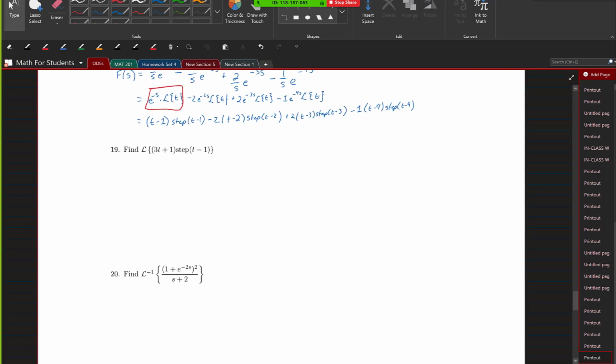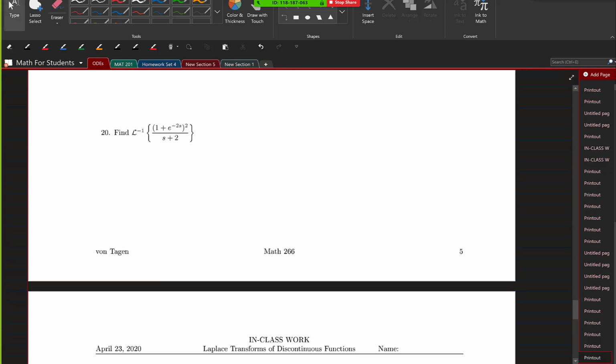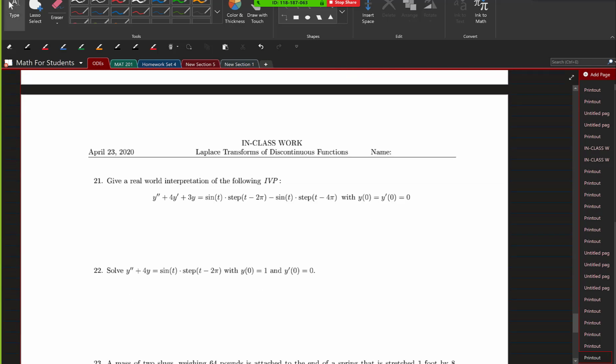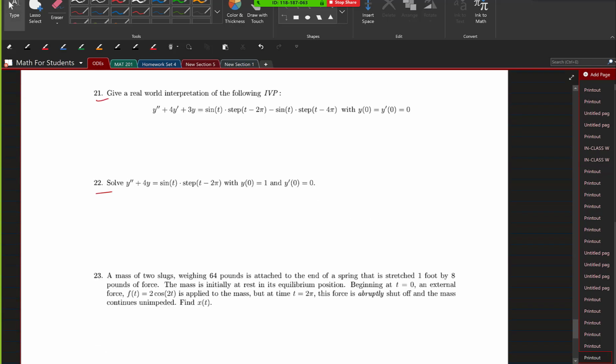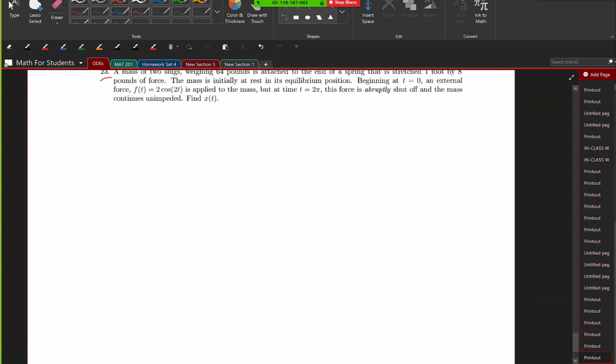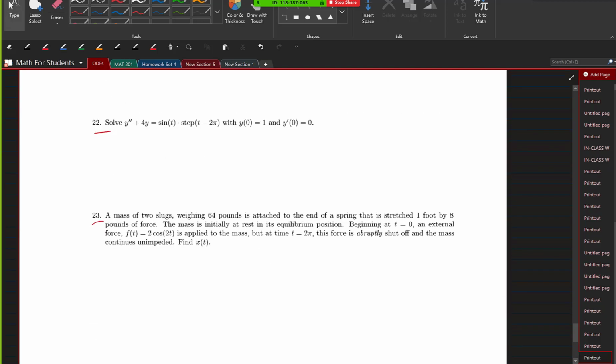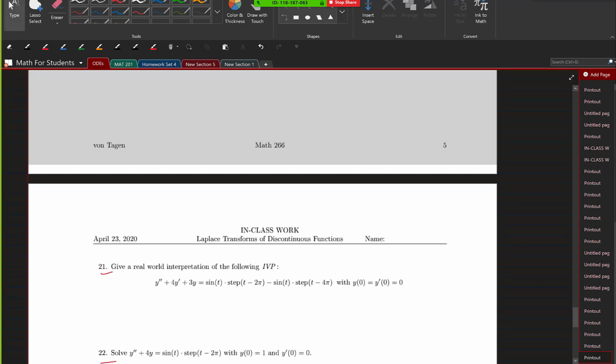I think that's a good place to stop. What this means is that I did not get to doing the applications specifically where we have spring problems with discontinuous forcing functions. So those will not appear on the next exam, even though they're on the exam review.